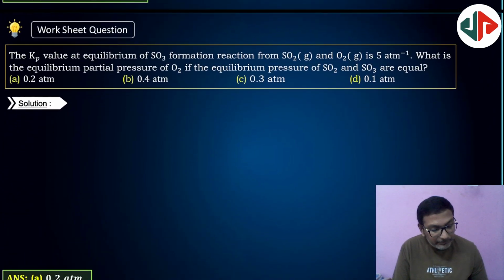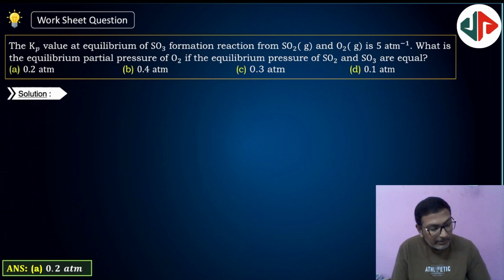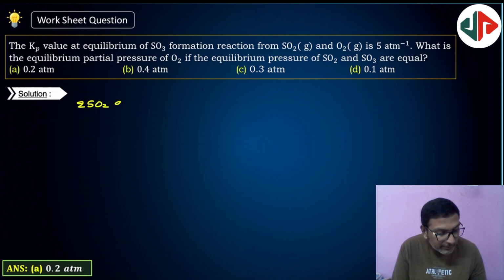Next. The Kp value at equilibrium for the SO3 formation reaction from that equation: 2SO2 gas plus O2 gas reversible with 2SO3 gas.